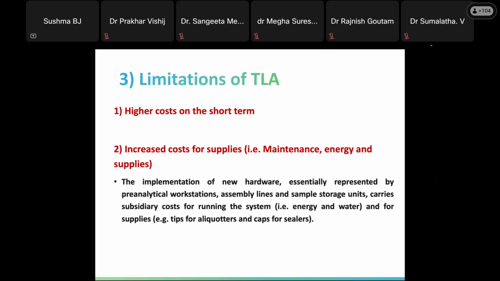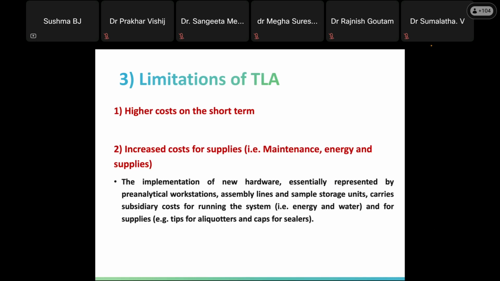So one has to have patience, and it has to be for the long term. And point number 2, again a question mark, because there's rapid development in automation every year. So making a decision on purchasing the equipment completely is also a question mark, because we cannot ensure that in the next 5 years there will not be any updation or a new instrument coming with new features, right? So this is a very debatable situation.